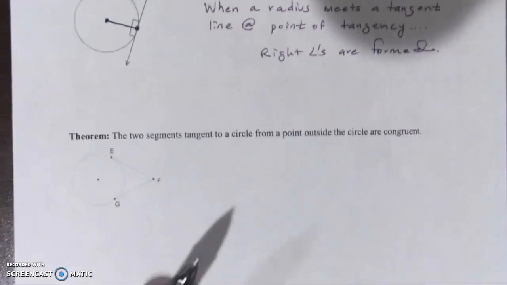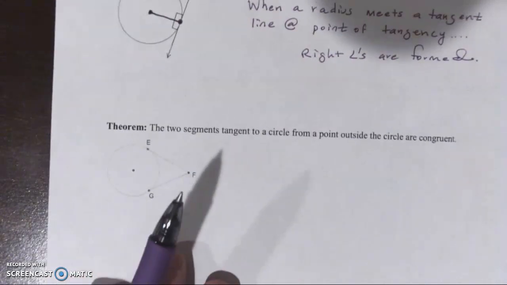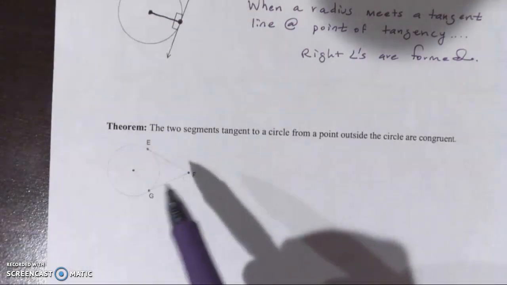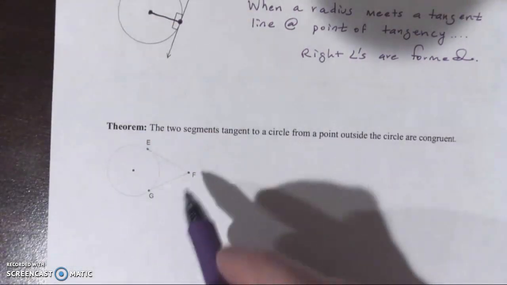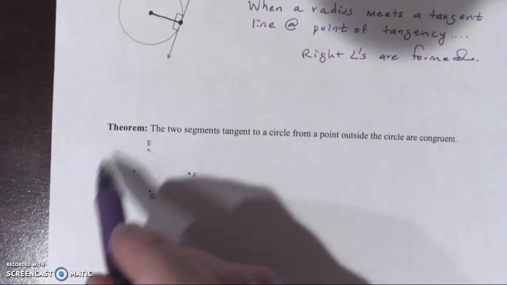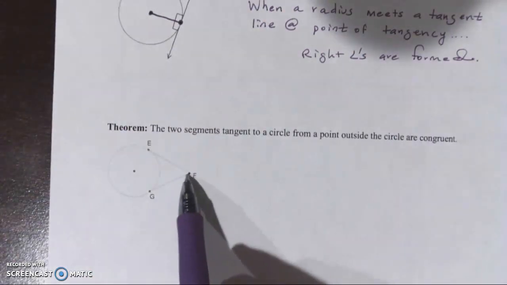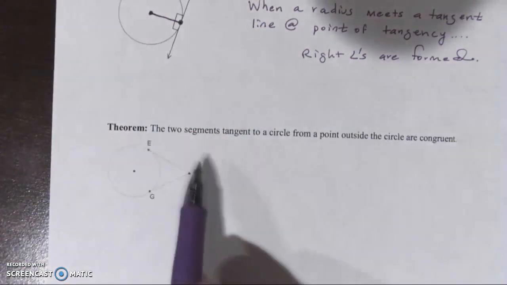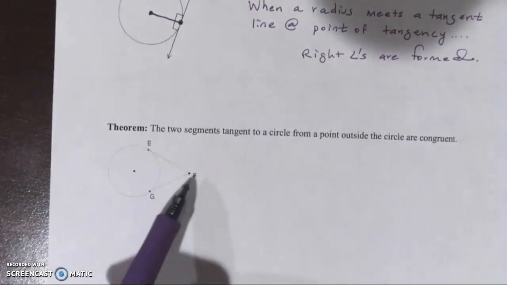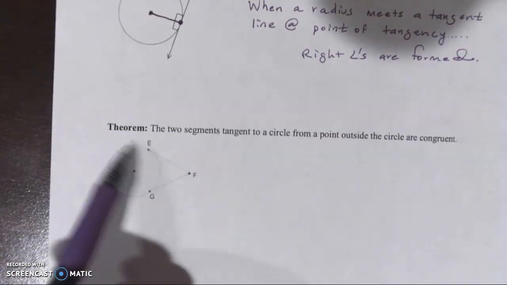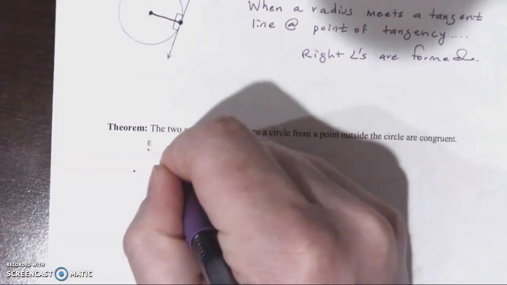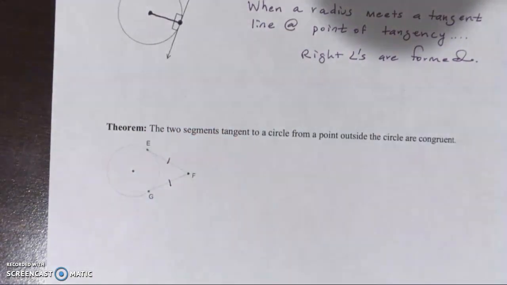The other one says that two segments tangent to a circle from the same point outside the circle have to be congruent. So basically, if you pick any point, in this case F, outside of this circle, and you draw a tangent line kind of going to the bottom of the circle or the side of the circle, wherever this point happens to be, and you draw another tangent line, two lines that meet only at one point on the circle, these two segments would be congruent.